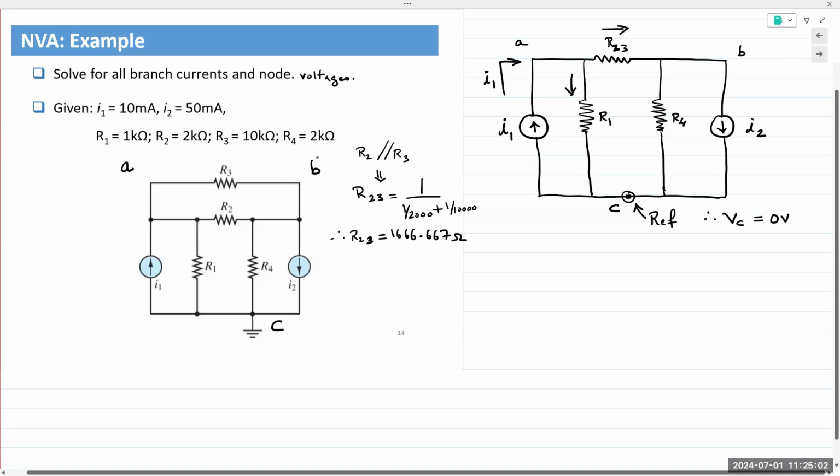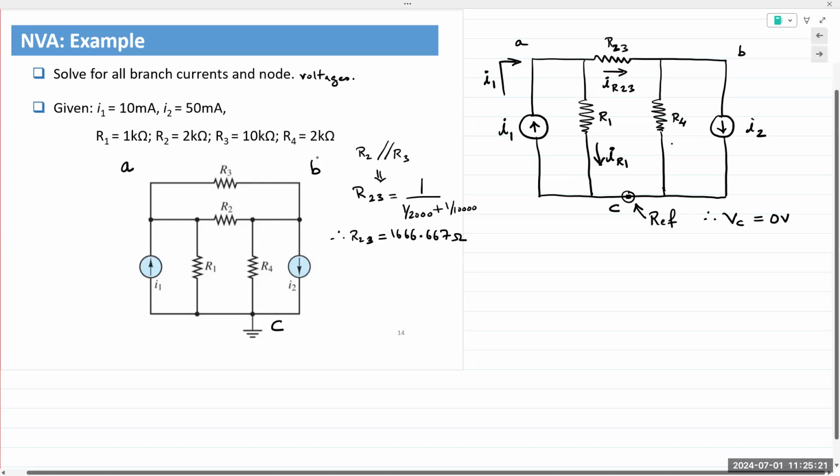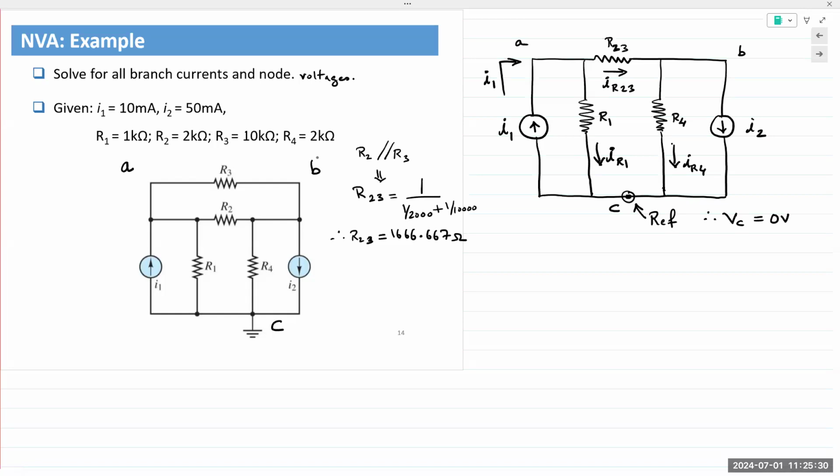So I'm going to label this as IR23, and this is R1, so I'm going to call this IR1. IR4, also I'm going to choose coming down. And that's it. I only have 3 resistors, 3 branch currents. IR23 goes from left to right, and IR1 and IR4 are coming from the top.